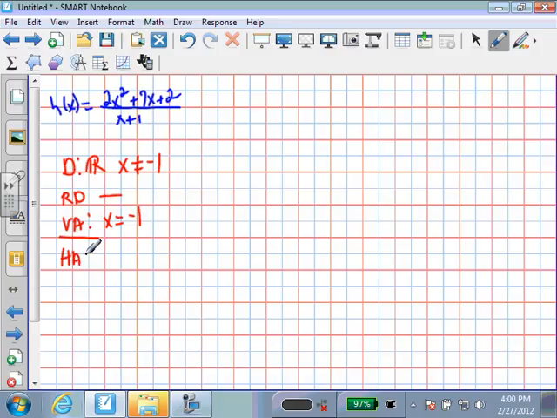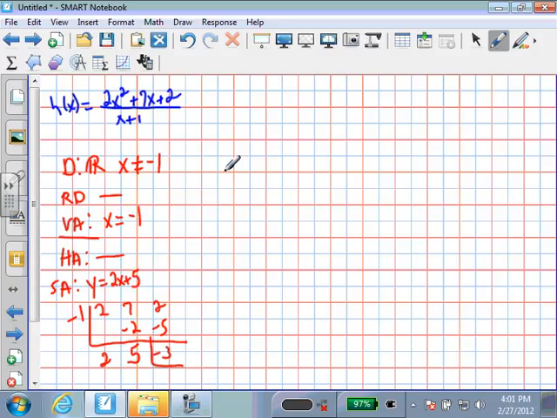The degree of the numerator is higher than the degree of the denominator, so there is no horizontal asymptote. There is, however, a slant asymptote at y equals 2x plus 5.